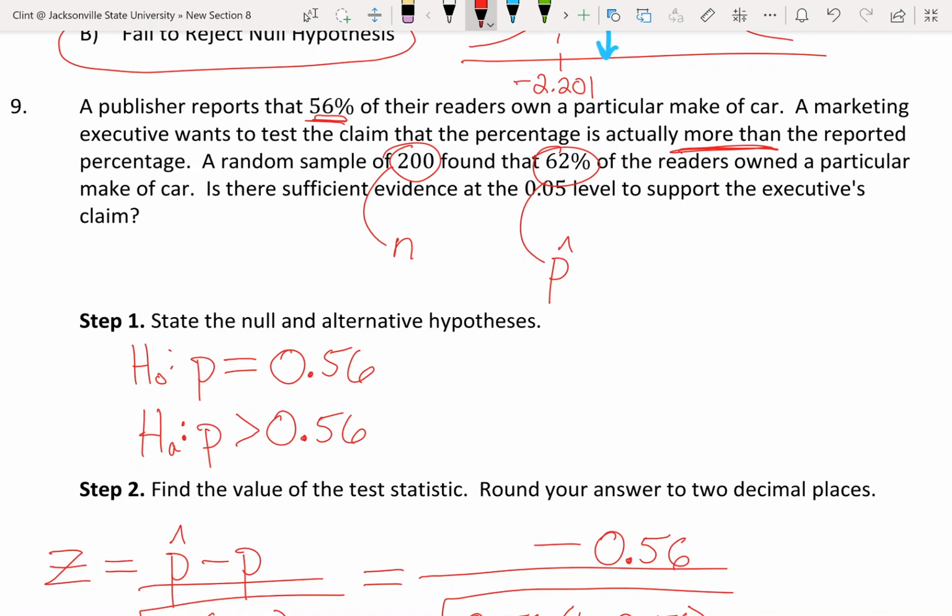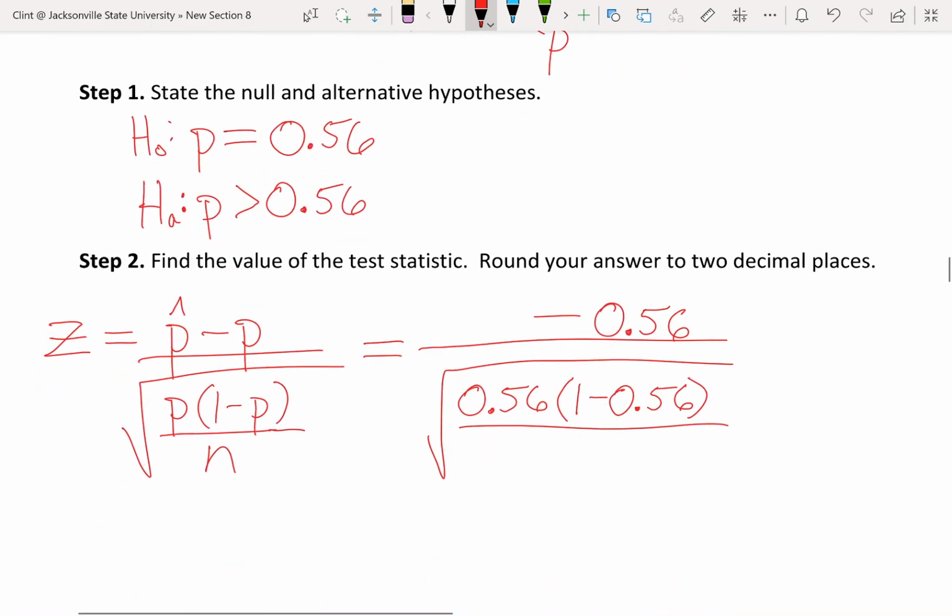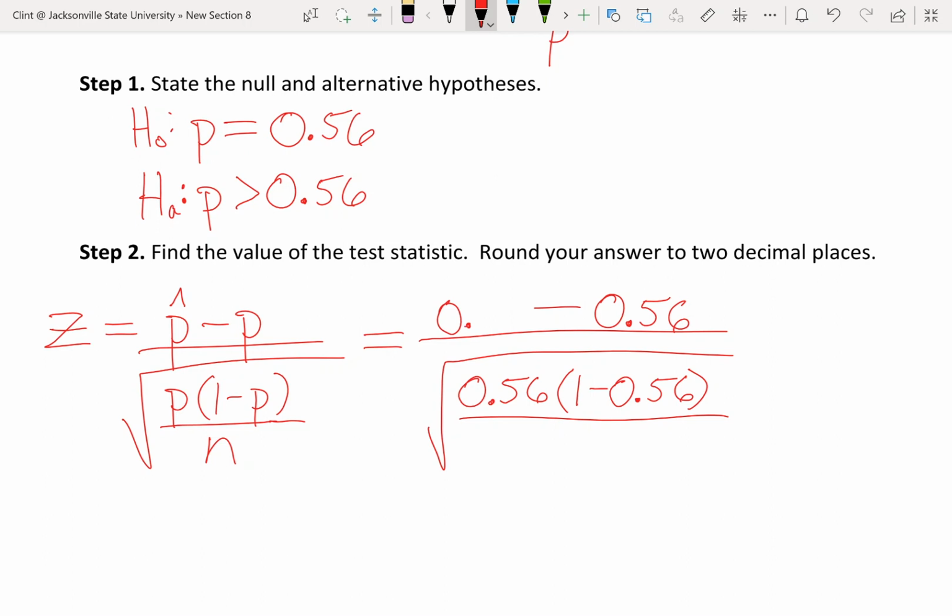It could have alternatively said something like 124 out of 200 people in the sample own a particular make of car, and then we do X over N, right? That would give us 0.62. So filling into our formula, we got 0.62, and then our sample size was 200.